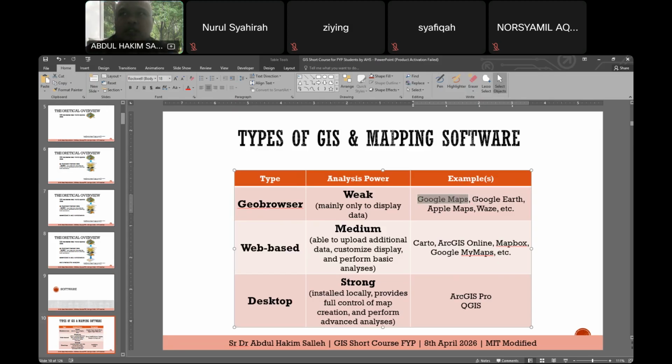It's just query. Next is the web-based software, as you can see. But this one is not too specific. It is not really usable for deep research, because it provides very limited tools, like ArcGIS Online, Mapbox, or Google My Maps.